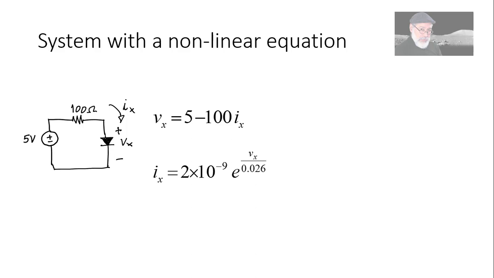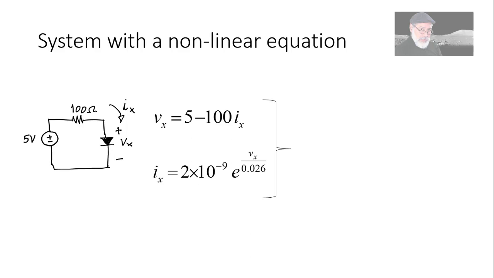About the diode, I can represent its behavior with the Shockley formula. Ix, the current in the diode, is 2 nano multiplied by the exponential of the voltage Vx divided by 26 millivolts. 2 equations, 2 unknowns, Vx and Ix, but the second one is nonlinear, it's non-algebraic.